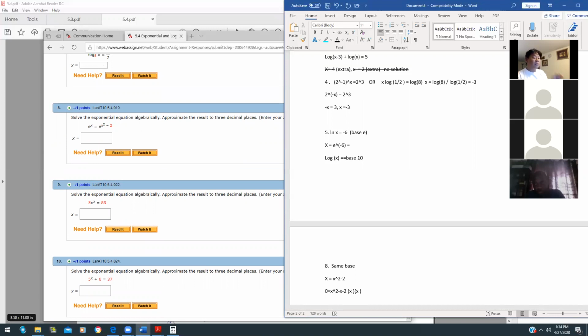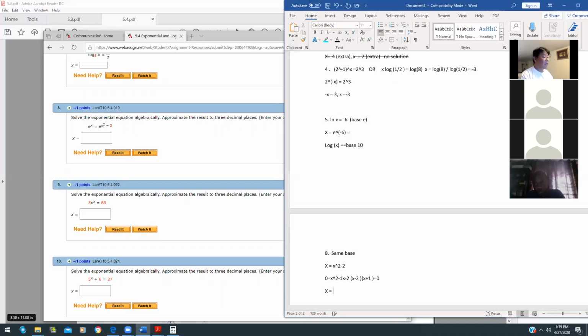X not plus 2, you've got a -1 here. It should be x minus 2 and x what? Plus 1. Yep, this is your factoring in this case. And you make this equal to 0. So x in this case is 2, and x in this case is -1.